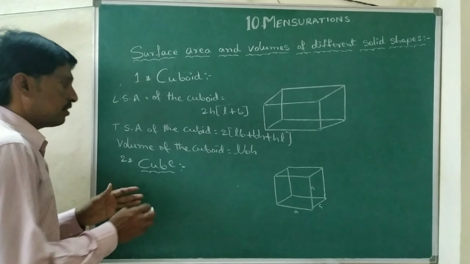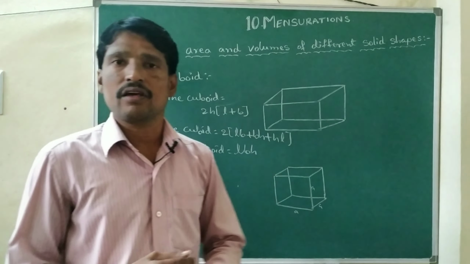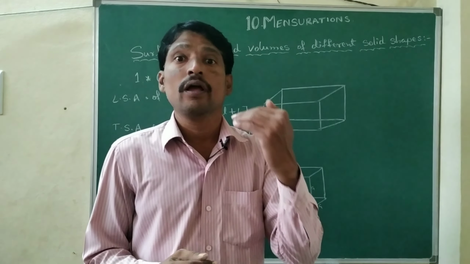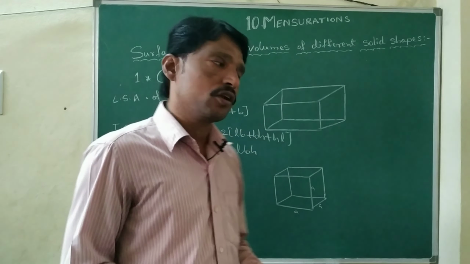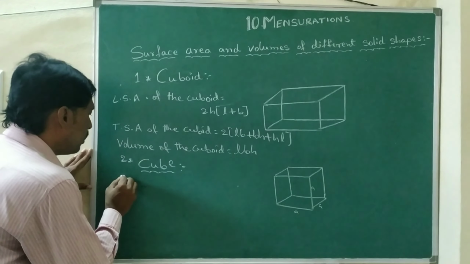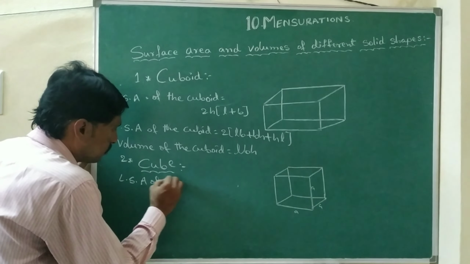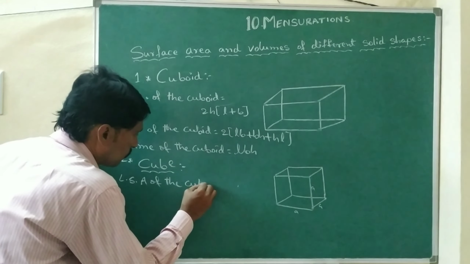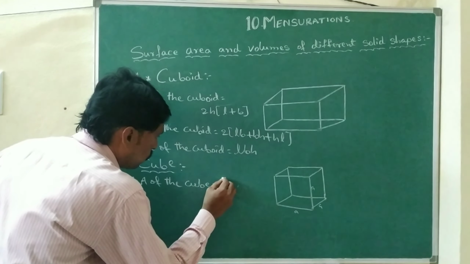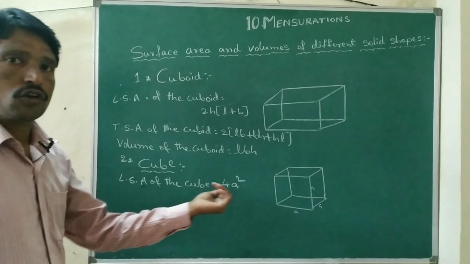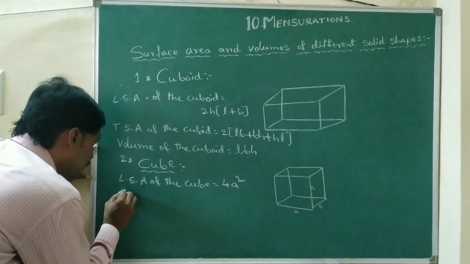Now what is the lateral surface area of the cube, the total surface area of the cube, and the volume of the cube? See here, lateral surface area of the cube equals 4a square. Lateral surface area of the cube equals 4a square.